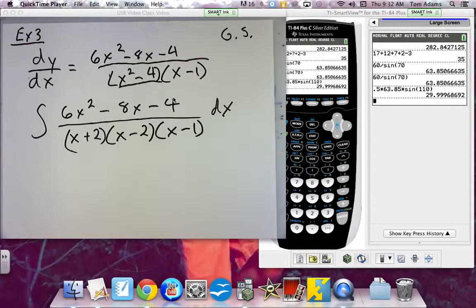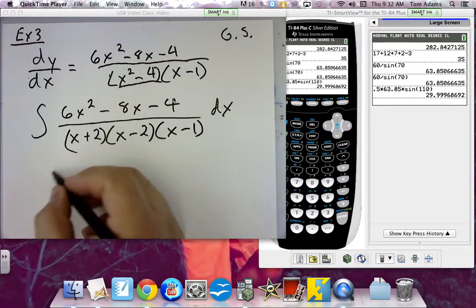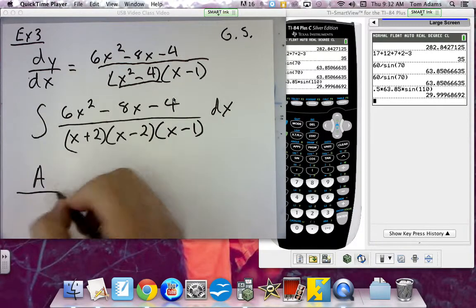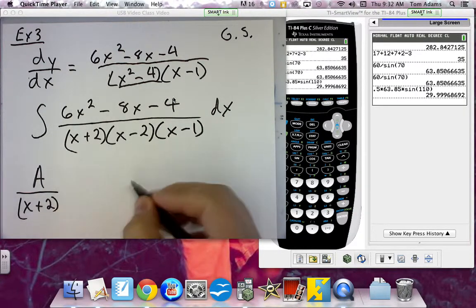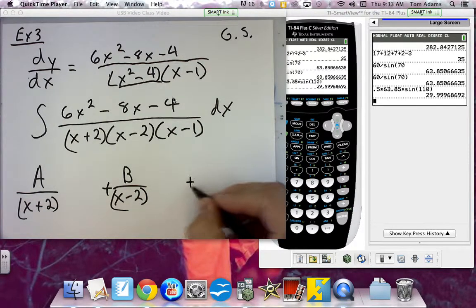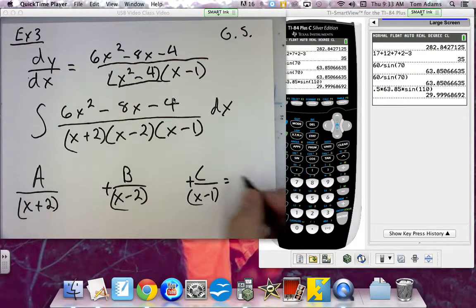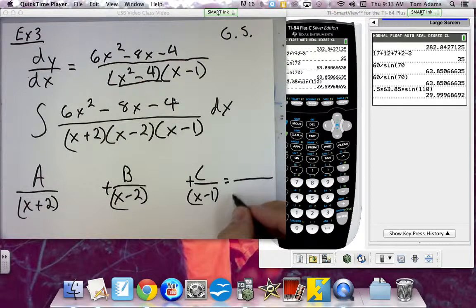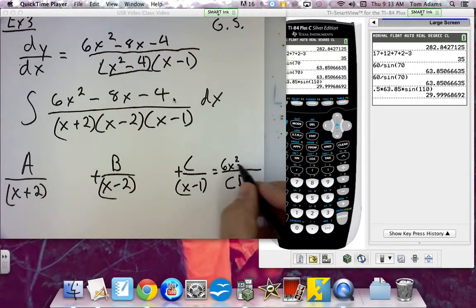So the next thing we need to do is find A over x plus 2, plus B over x minus 2, and I'm specifically putting a little bit of space in between all of these, plus C over x minus 1, and then all that has to equal our common denominator, and the top has to be 6x squared minus 8x minus 4.